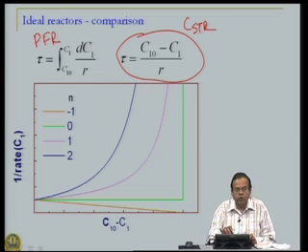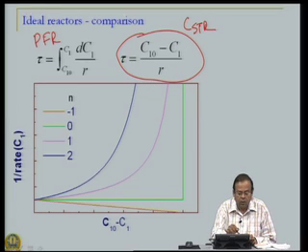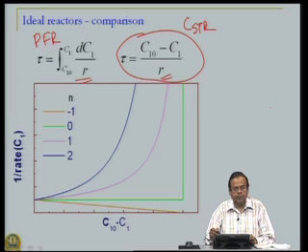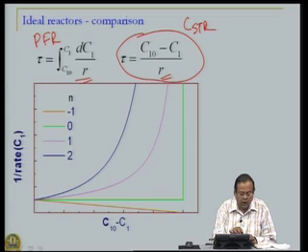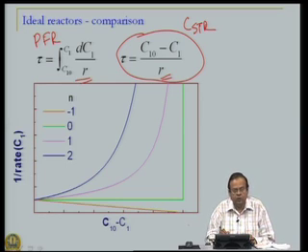Firstly, we notice in both these design equations there is 1 over r. So, instead of plotting r, I have converted the same plot into 1 over r on the y axis versus C1 0 minus C1 on the x axis.